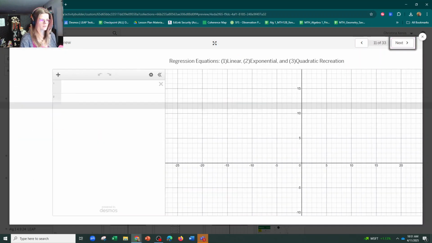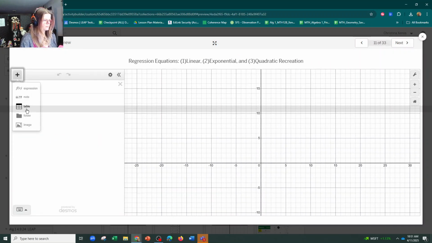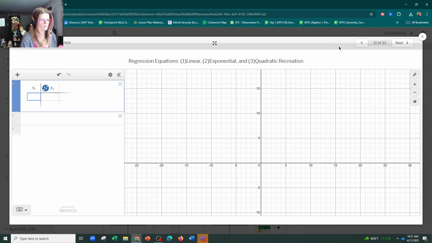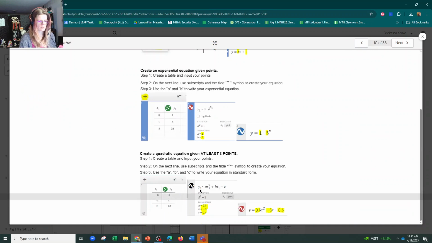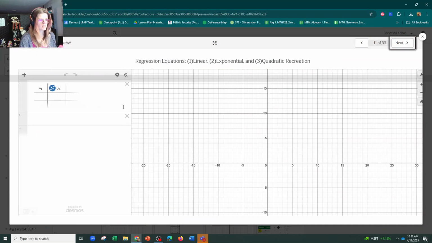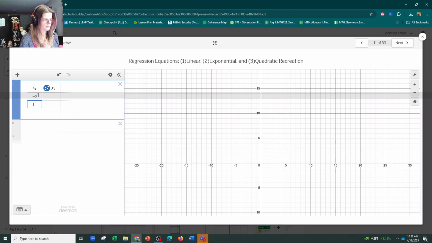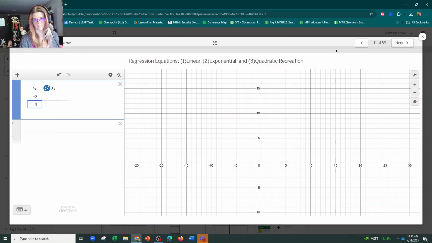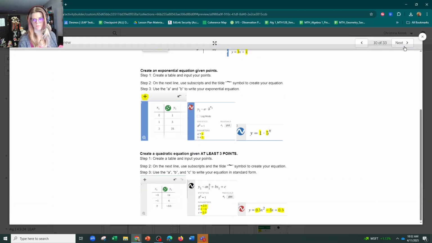So let's go back. We're going to make a table. It says x1 and y1. That's okay. I already deleted all the other ones, so there shouldn't be any conflict there. And it's going to be -3, -1, and +2.